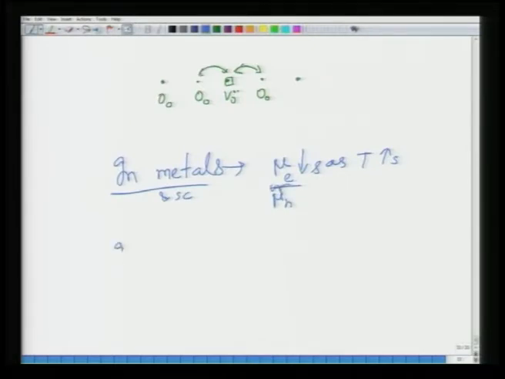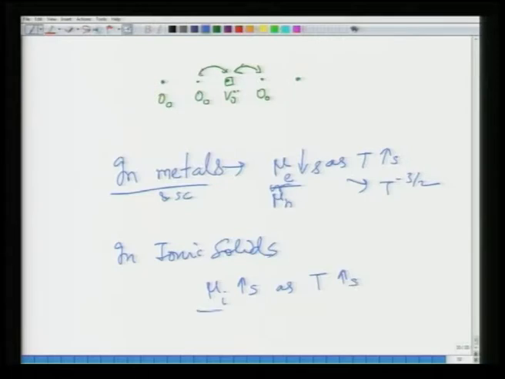And this is typically a T to the power minus 3/2 relation. In case of ionic solids, mu_I increases as temperature increases, and this is because of this relation of exponential minus Q by kT.